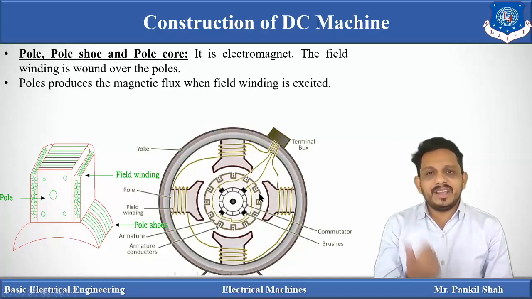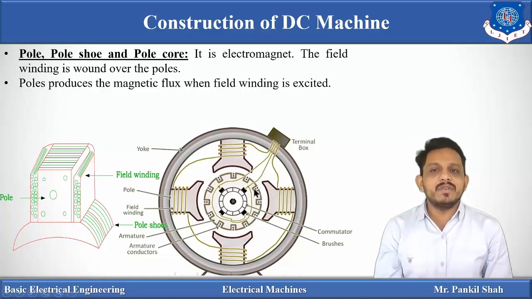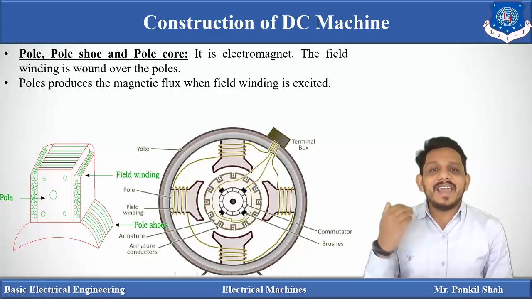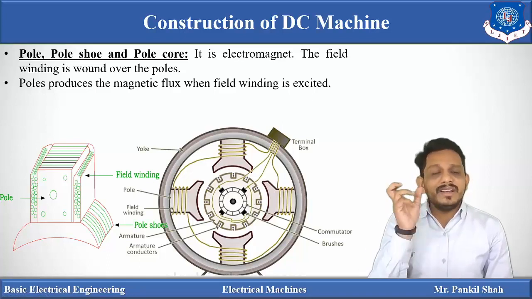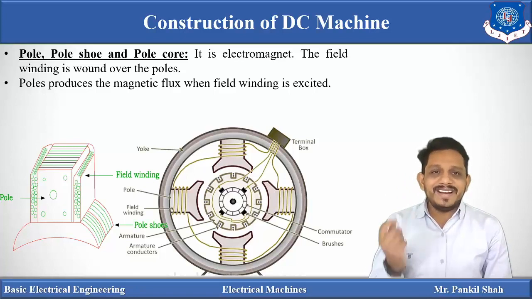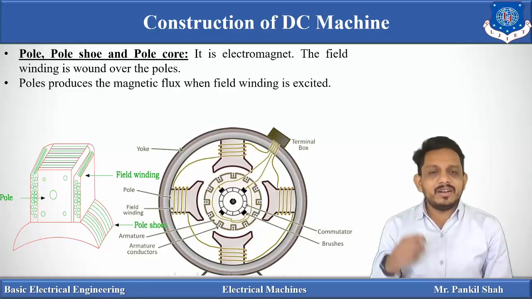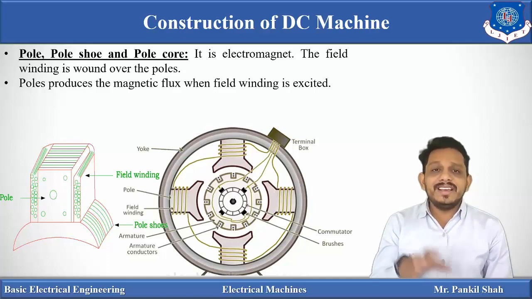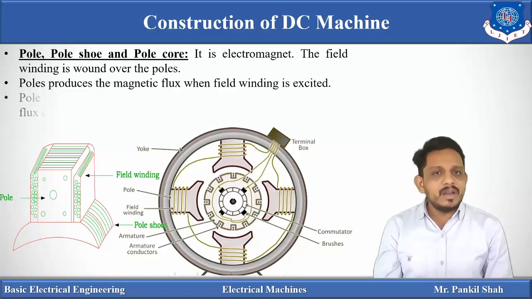So what is the working of the pole in this particular DC machine? Poles produce the magnetic flux when the field winding placed on it gets excitation. So that means the pole has 2 types of work. One, it carries the field winding, and another, whenever the field winding is excited, this pole and that field winding create an electromagnetic field.